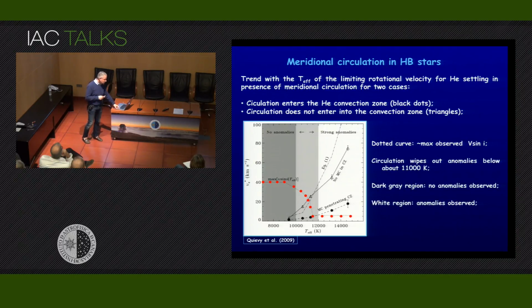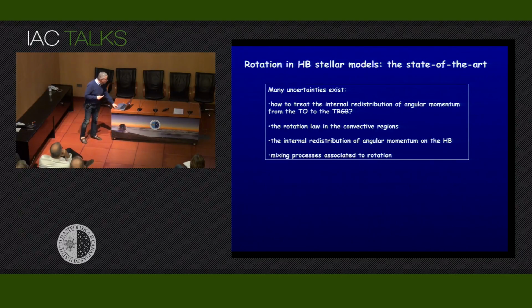But it was some kind of, I would say, interpretative scenario, but there is no clue at all on why horizontal branch stars rotate. And I would like just to conclude with another problem that we have, if I have time for this slide, concerning rotation. Let me say, we have no idea how we can introduce rotation in our models, okay?